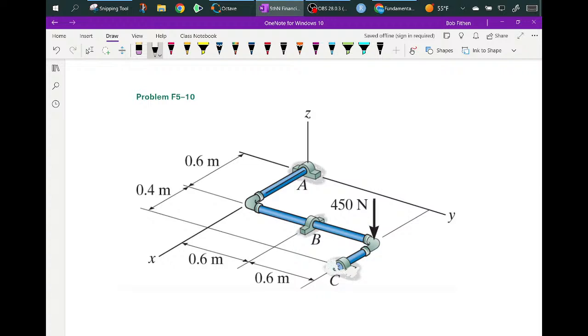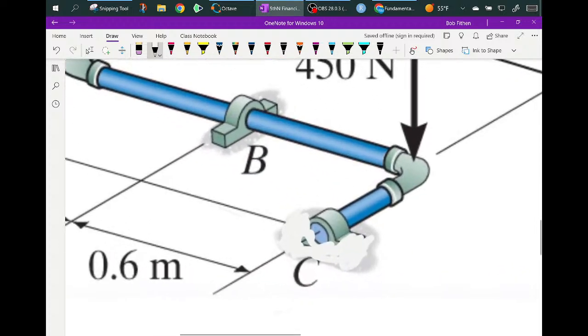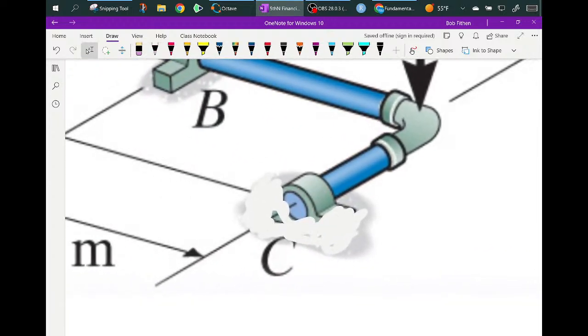So what he is actually doing is he's doing something along these lines. He's taken this support, dropped it down into the point where it's sitting in a ball joint.